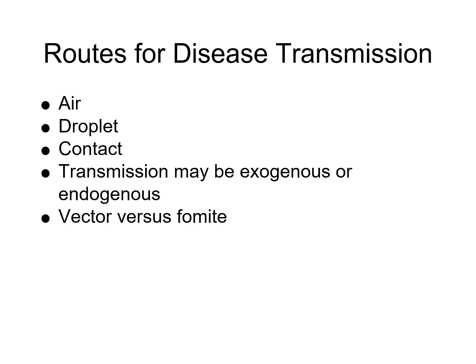Transmission may be exogenous or endogenous. Okay, so it can come through a cut in your skin, or it can be ingested in your digestive system or enter through your respiratory system. Okay? And then vectors versus fomite. Vector means vermin, but we don't say vermin in a healthcare setting because that gives bad rapport with the patient. So we change it to vector so they don't know what we're talking about.